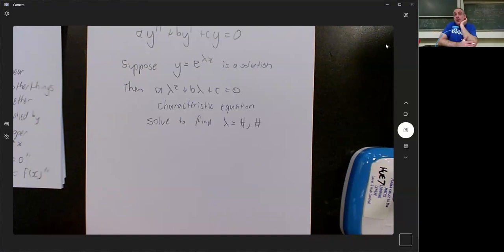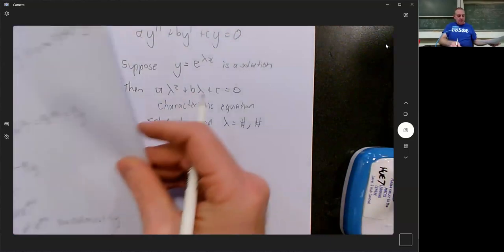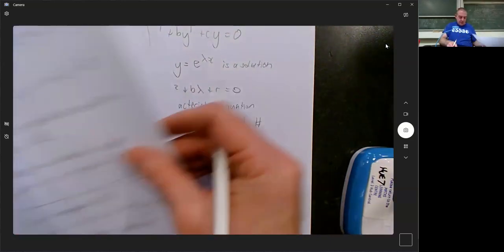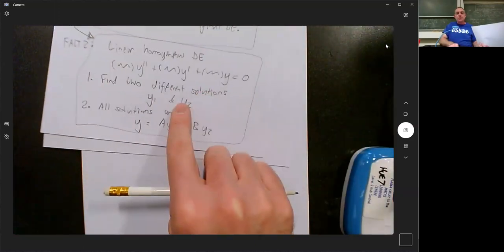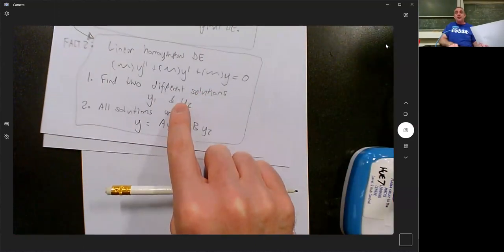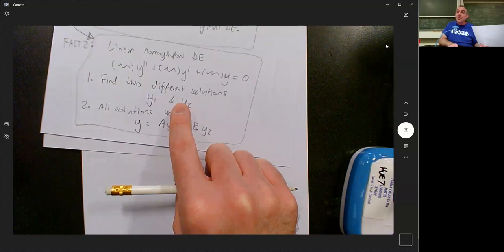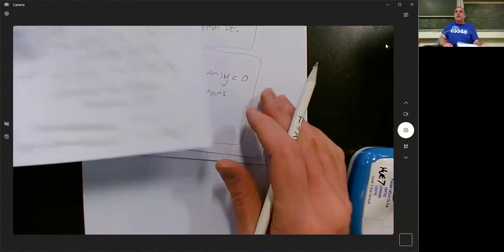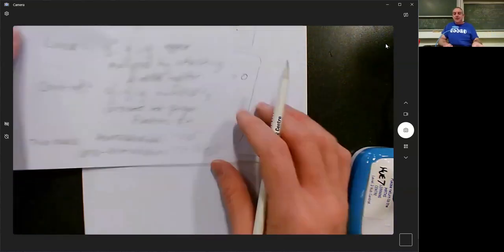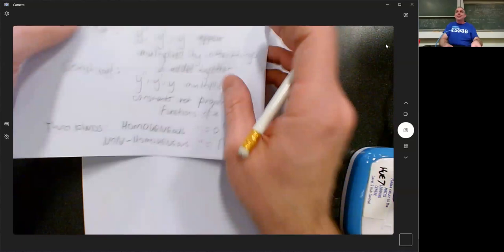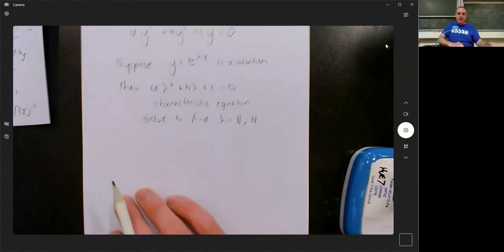And remember, the goal here in this process is to find two different solutions. And when I say different, they're not allowed to be multiples of each other, because they have to be linearly independent. We're making an eigenspace here. So this is a linear algebra thing.